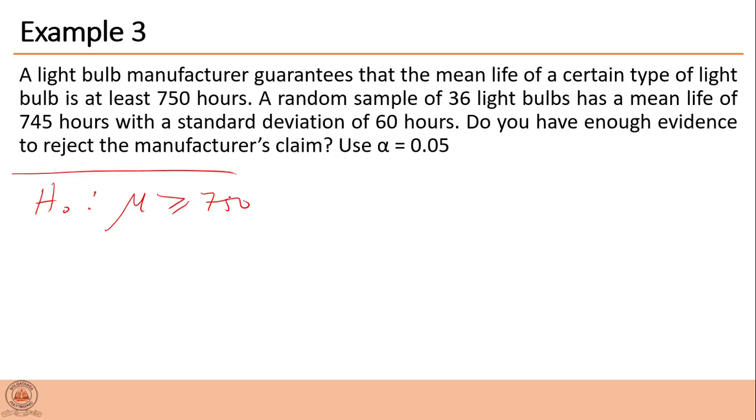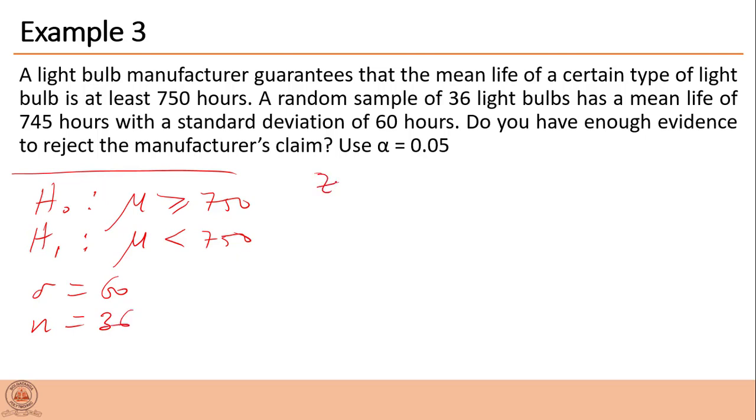So that is why we have greater than or equal to 750. So our null hypothesis will be the other half of the number line, which is less than 750, at 0.05. We have our standard deviation from the question equal to 60, and our sample size is 36.